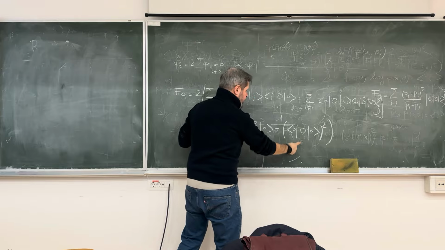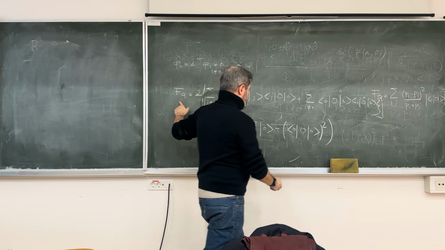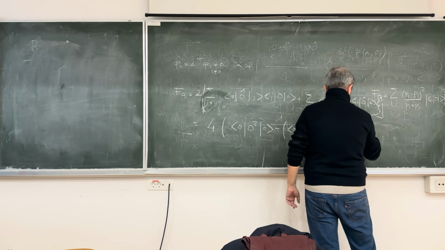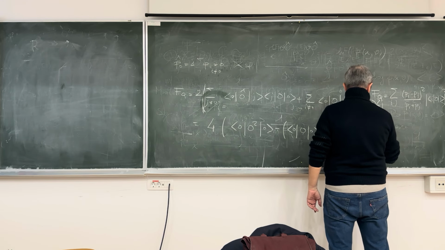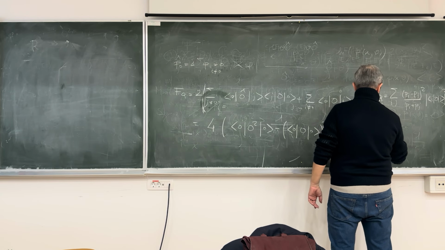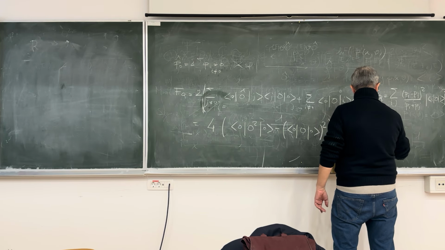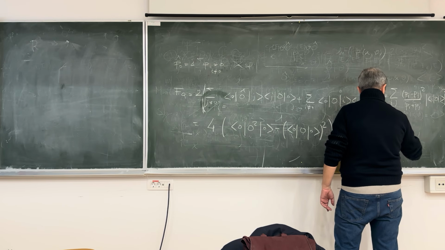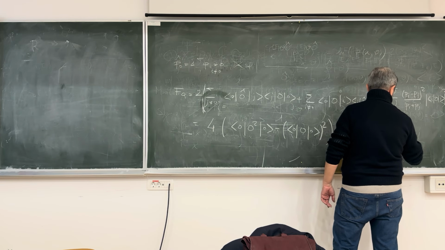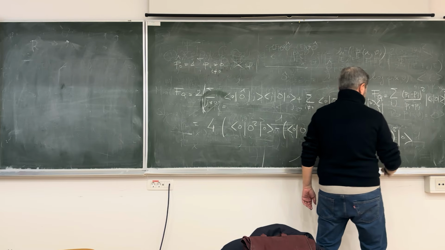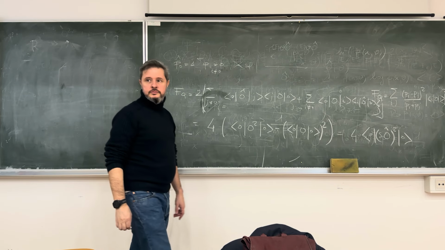Okay? So in other words, you obtain that the Fisher information for a pure state is 4 times the average of the fluctuations of the operator.